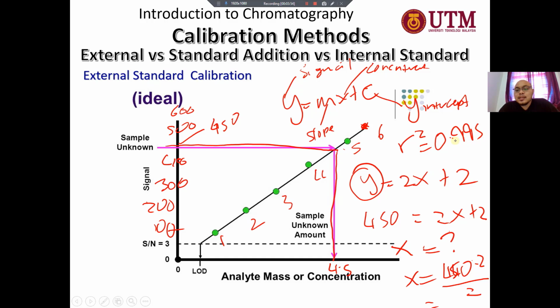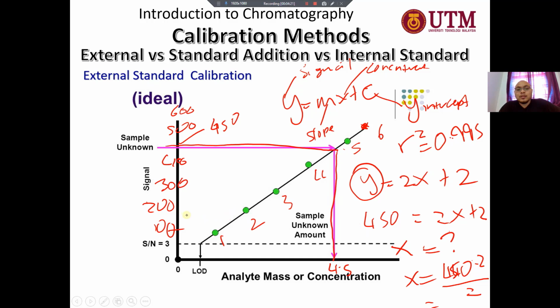If you get less than 0.995, you need to repeat the process until you get 0.995 and above. Anything below 0.995 cannot be accepted for chemistry for instrumentation analysis. So the R-squared value must be 0.995.